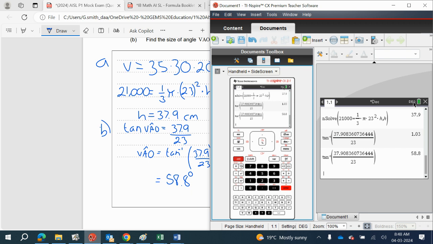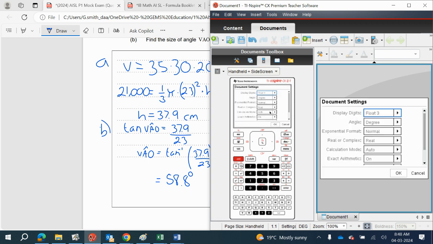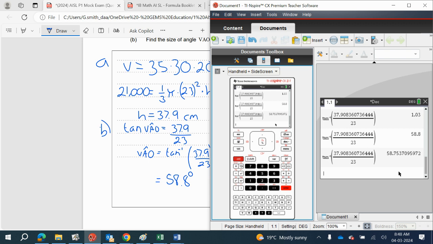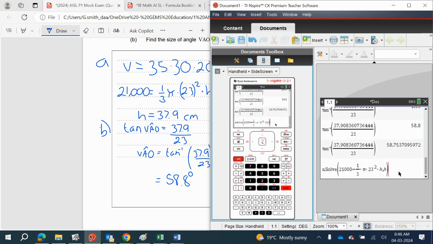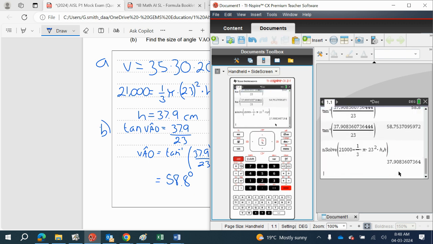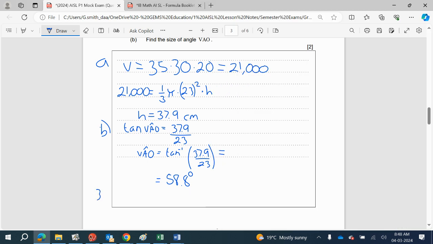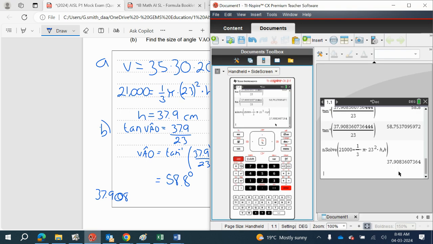So if I just put my document settings now into float. This was an error I saw. Some people were trying to show more decimal places. So the answer has to follow this pattern. Let's say, for instance, they round it to 37.908.